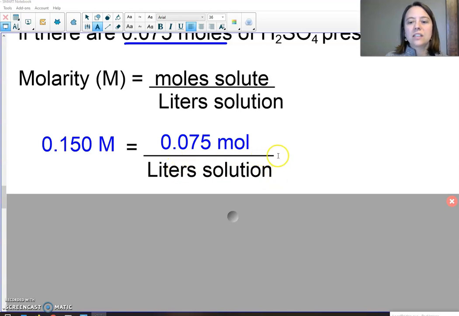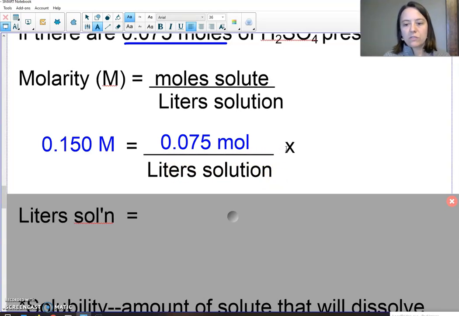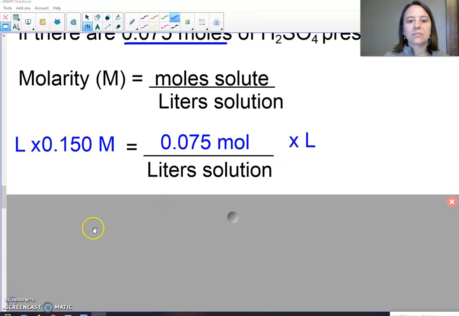So we have to get liters on top. The first thing we would do is times by L. Whatever we do on one side, we have to do on the other. So then we cancel liters on one side, and we're left with L times 0.150 molar equals 0.075 moles.